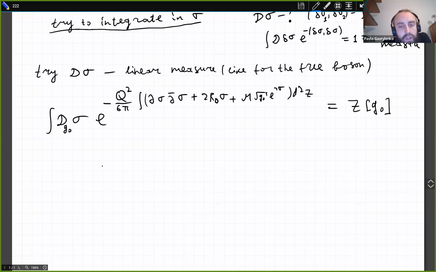So how to do this? We have this Liouville action.